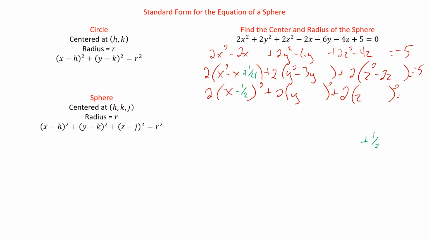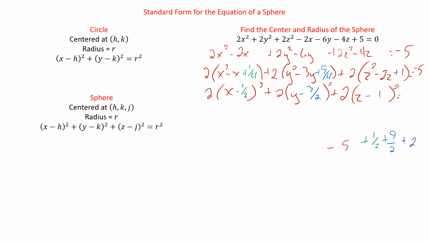For the y's, -3 divided by 2 is -3/2 squared, plus 9/4 times 2 will be plus 9/2. And then for the z's, divide by 2 is -1, so that's plus 1, times 2 is plus 2. We had that -5 up there. I'm just moving it down because I don't have the space off to the side.